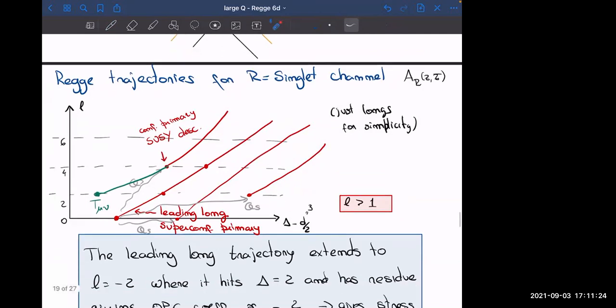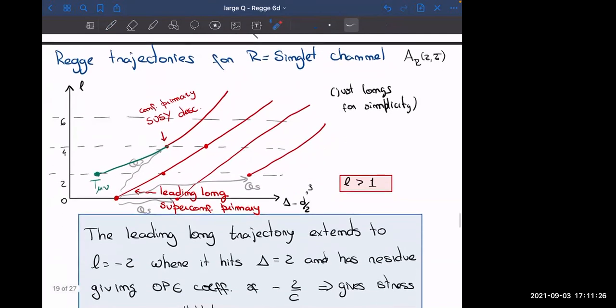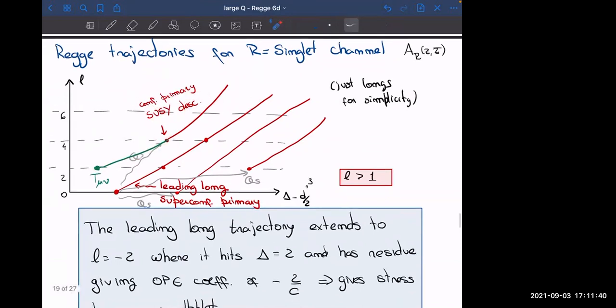Our claim, based on looking at this, and we also have some data from the numerics to see where these trajectories lie, is that this conformal primary, which is a supersymmetric descendant, must be continued down to spin 2 here and capture the stress tensor.